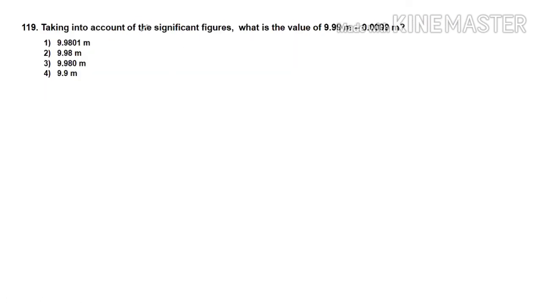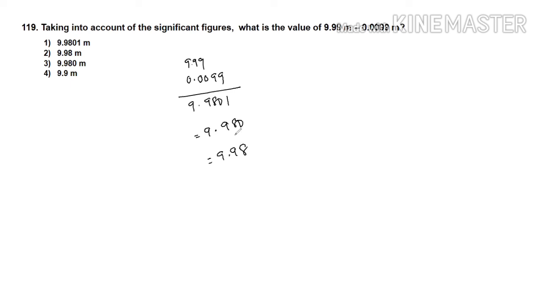Taking into account the significant figures, what is the value of 9.99 minus 0.0099? So 9.99 minus 0.0099 will be 9.9801, which we can write as 9.980, and we can write it as 9.98.